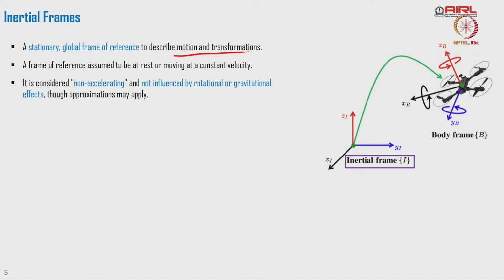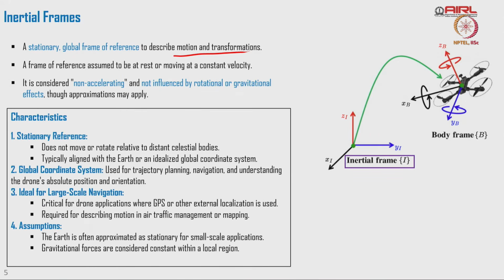It is not influenced by rotational or gravitational effects. Of course, we make some approximations, right. If you are talking about a certain region, we just define the frame with respect to that. Or one can choose a star as a fixed frame of reference, and you can define the motion with respect to the star, right.